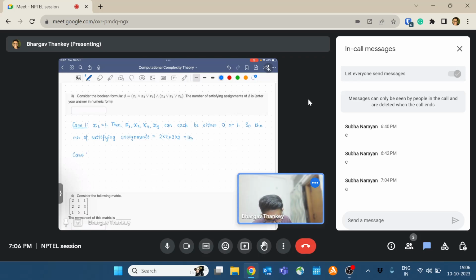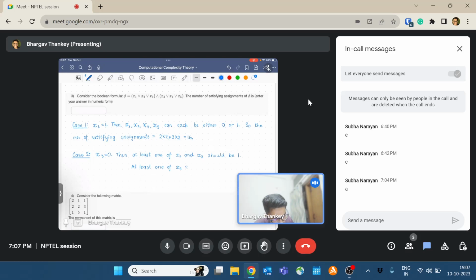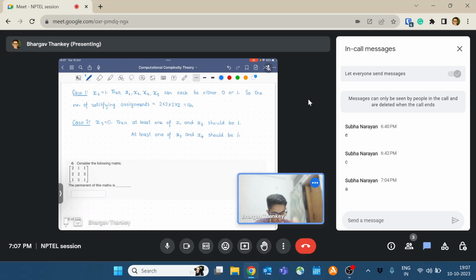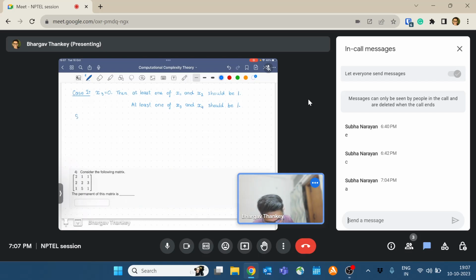The other case is x3 equal to 0. Then at least one of x1 and x2 should be 1, and similarly at least one of x4 and x5 should be 1. So x1, x2 can be 0,1, 1,0, or 1,1.